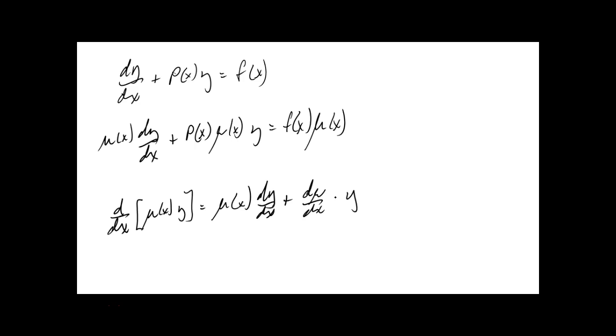I find that to be a little more confusing, putting the dy/dx there, because it's d mu/dx, not dy/dx. But they do it, and that's what they get. And again, this is exactly this form here.